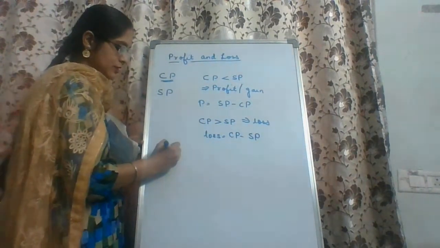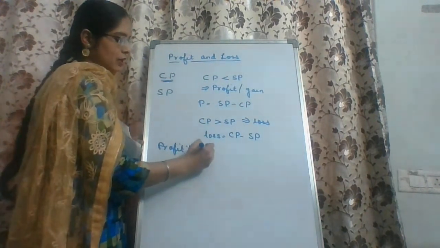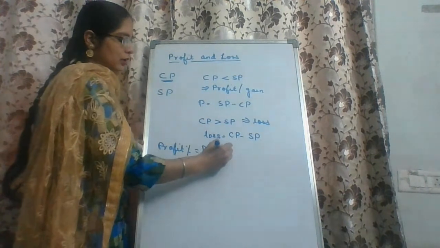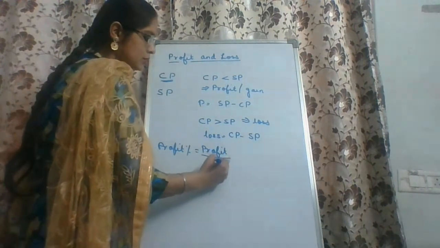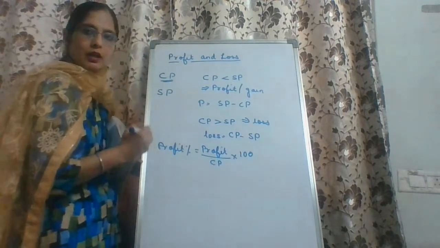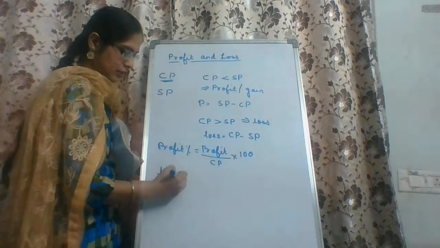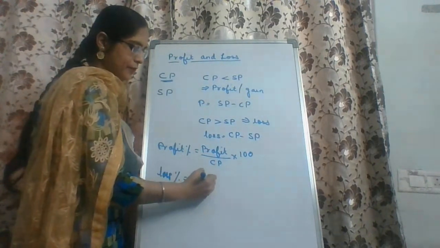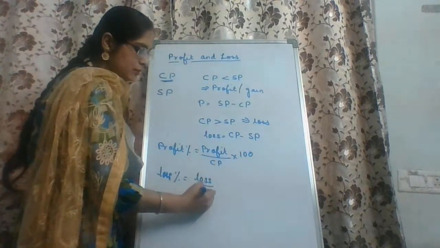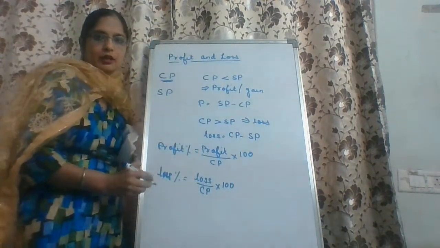Profit percent is profit upon cost price multiplied by 100. Loss percent is loss upon cost price multiplied by 100.